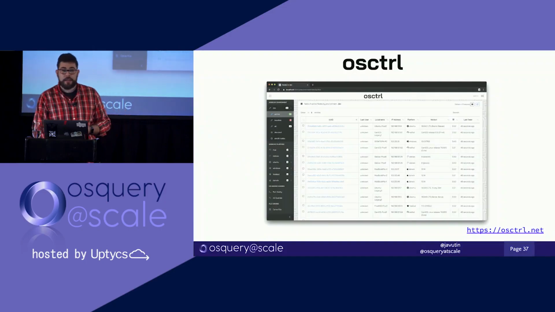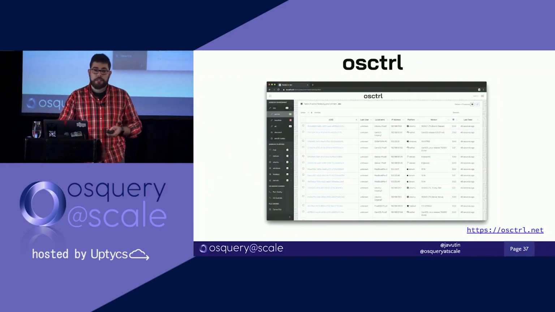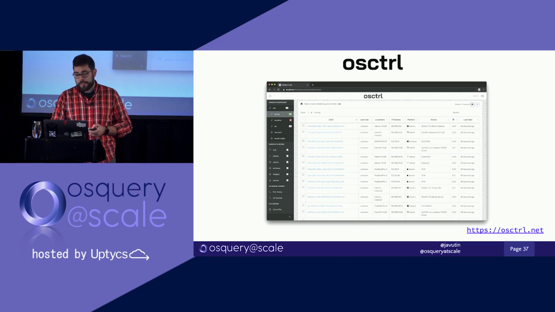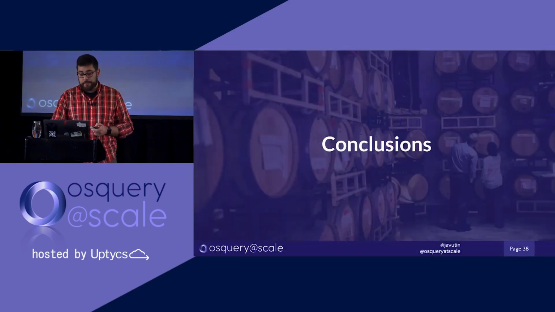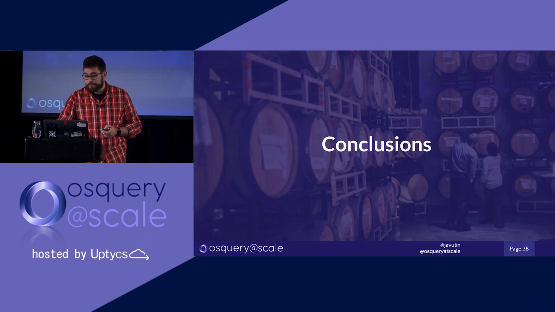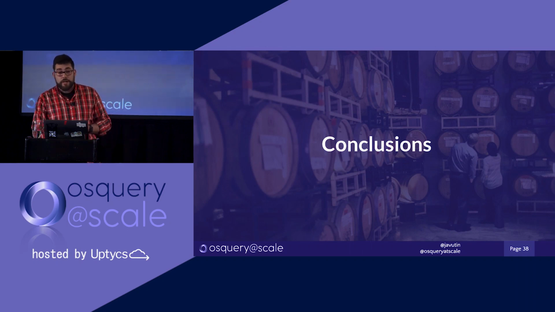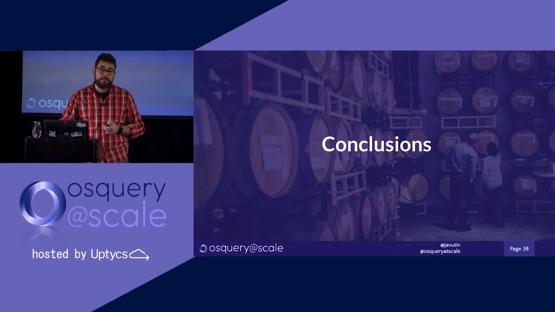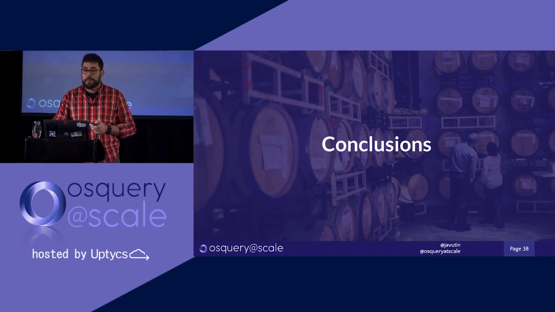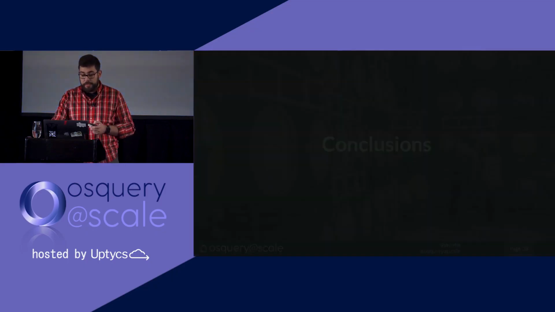And this is just how the admin looks. You can join the OS Control channel in Slack and ping me there as well, or just grab it from GitHub. So now we're going to see what we learned after these 30-ish minutes of me talking nonstop.